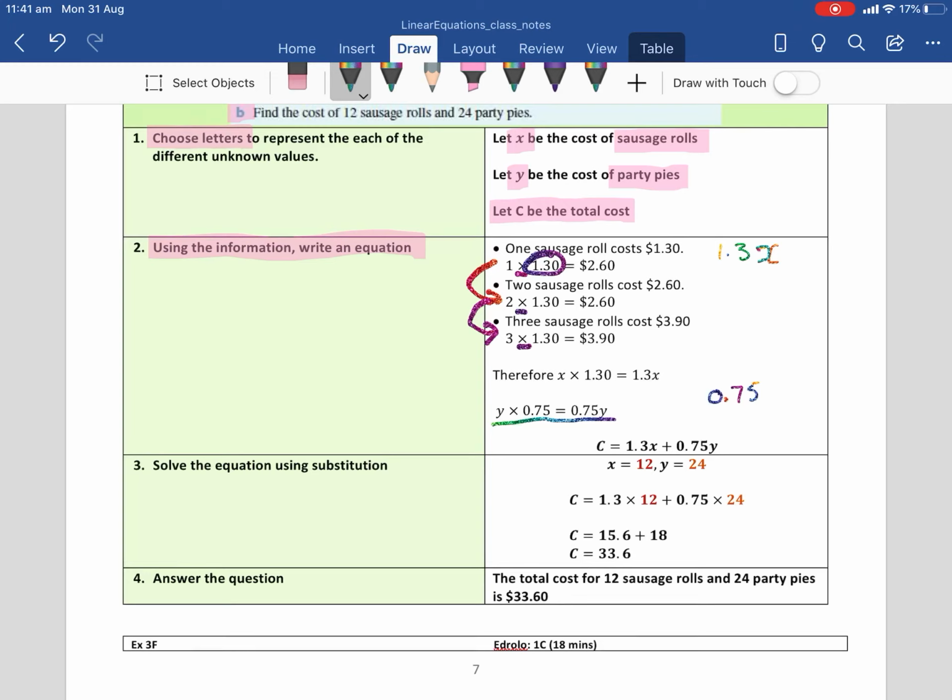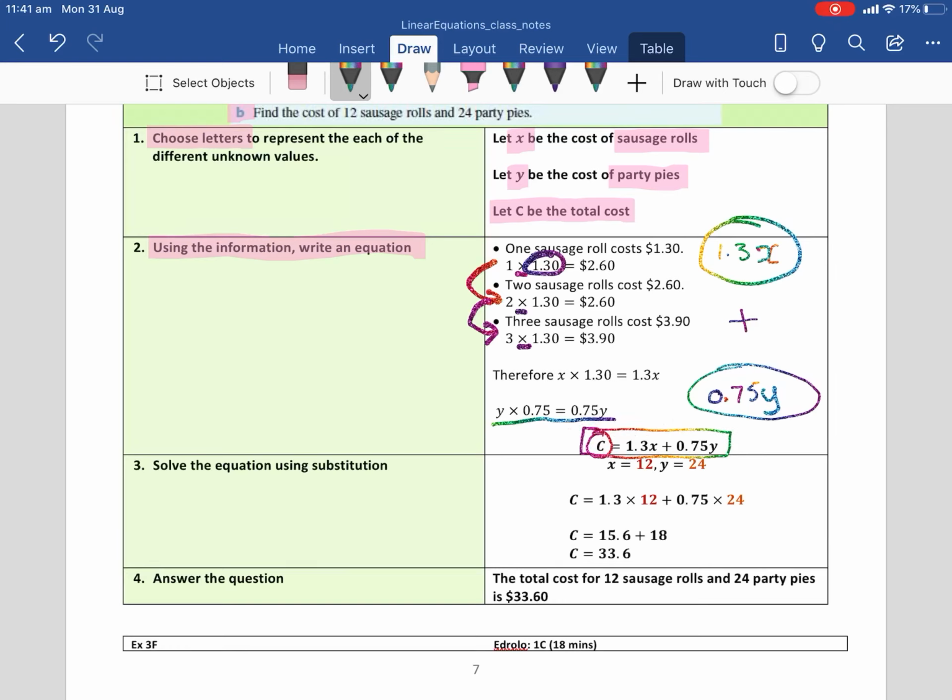Obviously we work in dollars more, so we change the 75 cents into 0.75. And that's times Y. So in conclusion, this is sausage rolls, and then you add however many party pies you get. Once you add them together, you get the total cost, which is C. So this is our final equation.